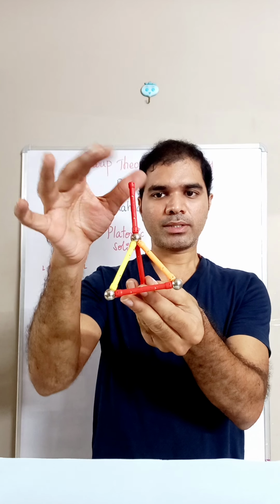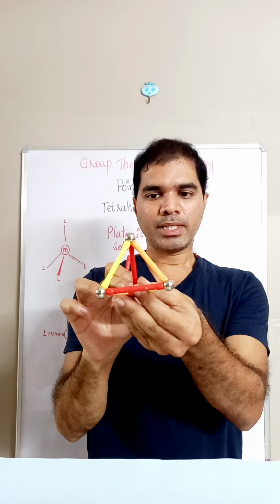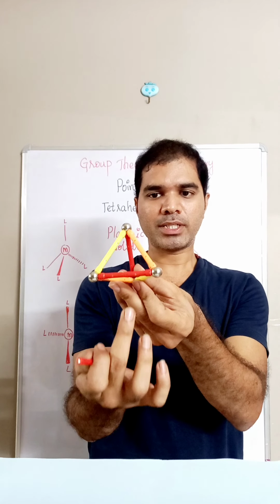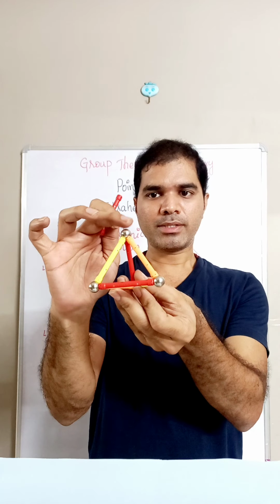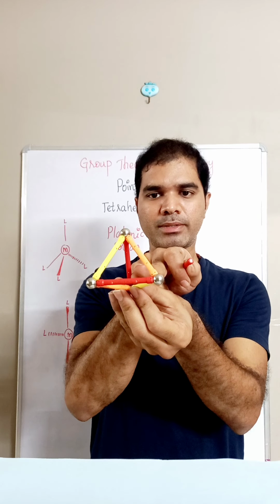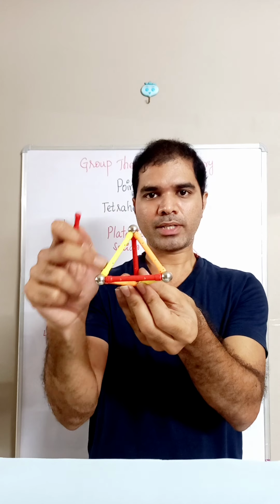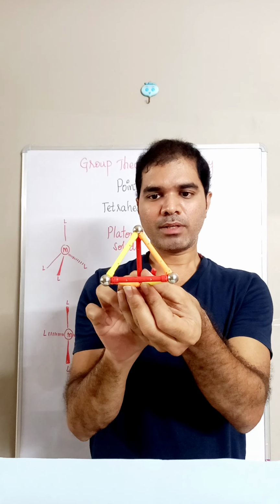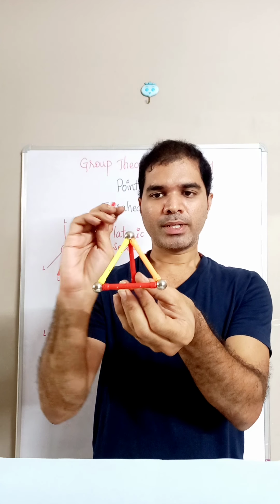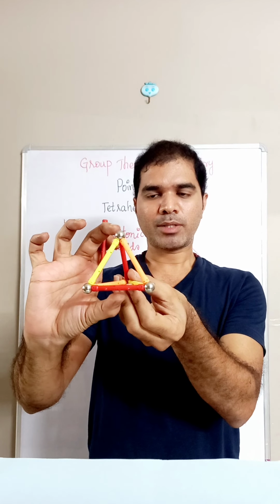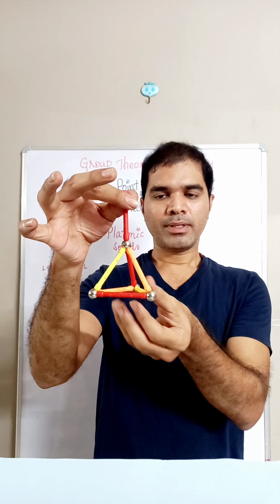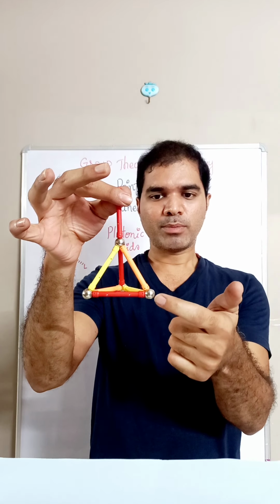When you look at this geometry, there are 4 corners and for each corner there is one triangular face opposing it. For this corner, this is the triangular face. For this corner, this is the triangular face. For this corner, this is the triangular face. And for this corner which is away from you, this is the triangular face which is towards you. From one pair of a corner and its opposite triangular face, if a C3 is possible, another C3 will be possible from this pair.